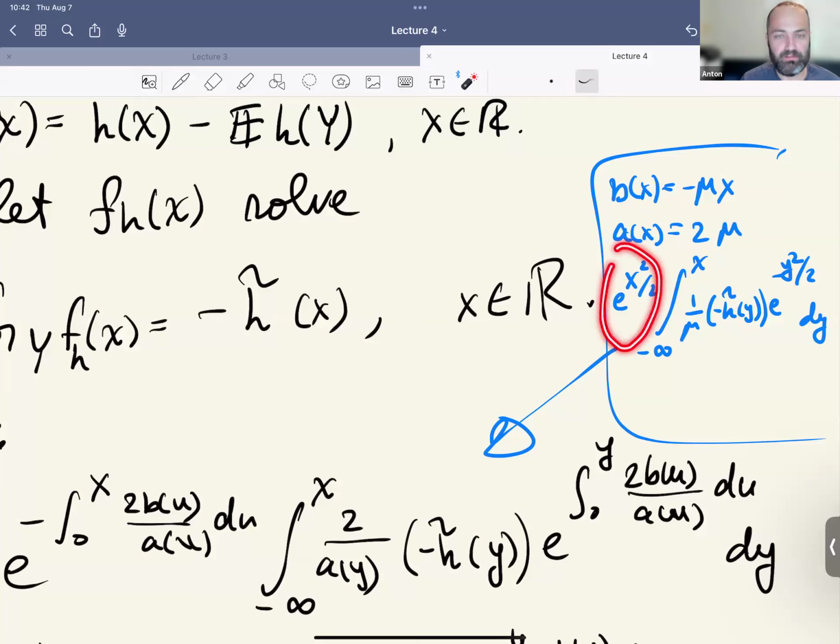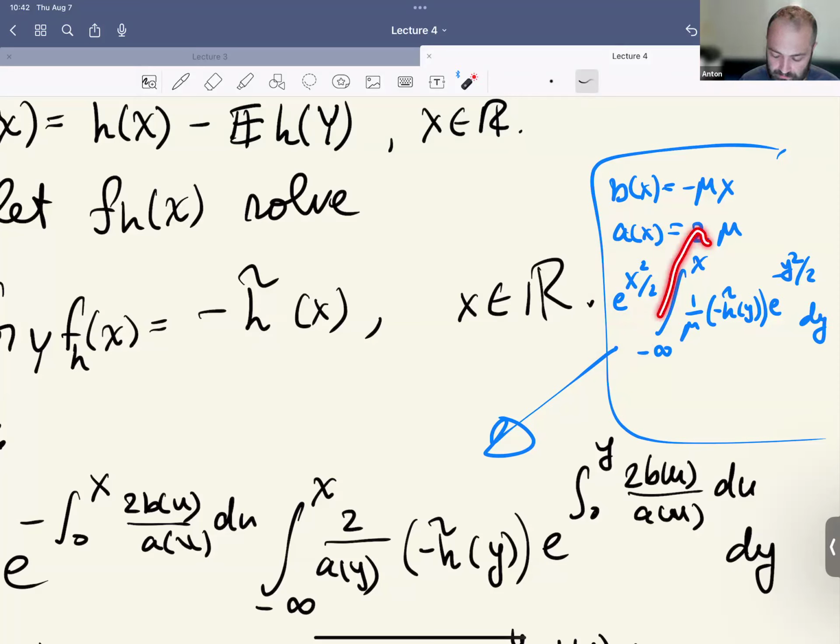For values of x around some compact set around 0, this term can be bounded trivially. So in other words, we need to compensate or kill this term when x is very negative or x is very positive.